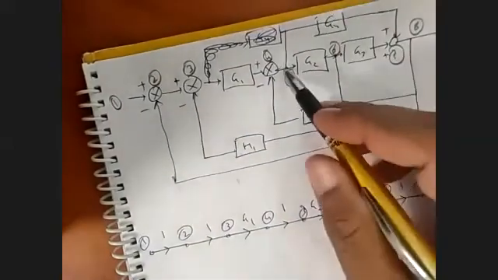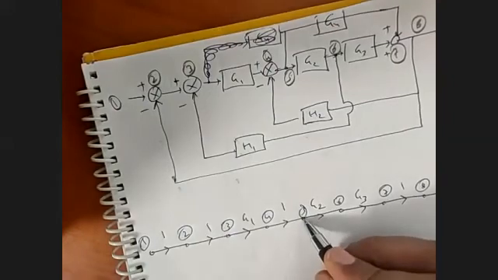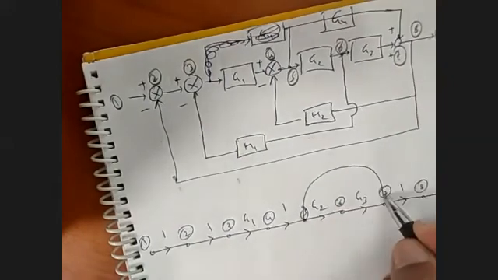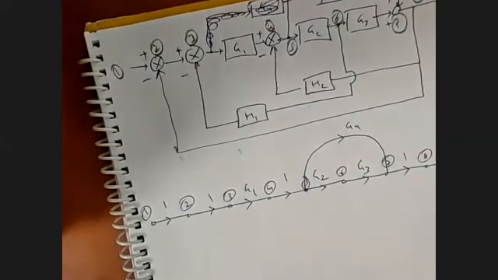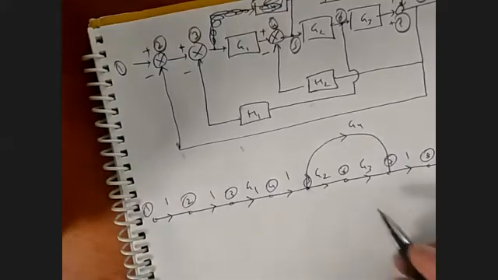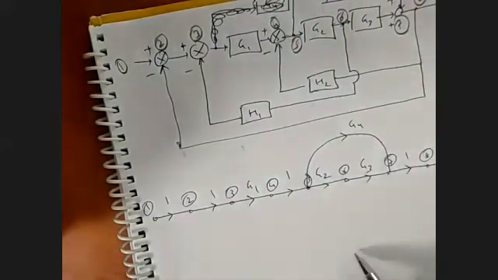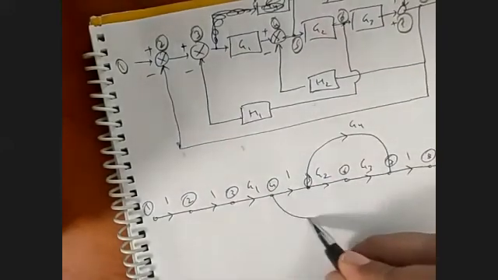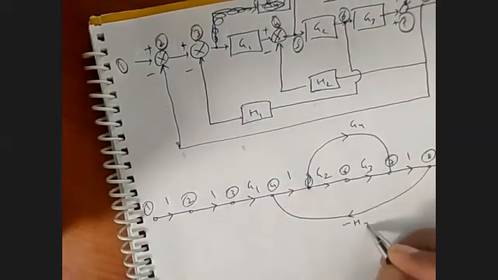Now we have 5 and 7 which are connected, and the gain is G4. Then we have 4 and 8 which is connected, and its gain is minus H2 because this sign is minus.